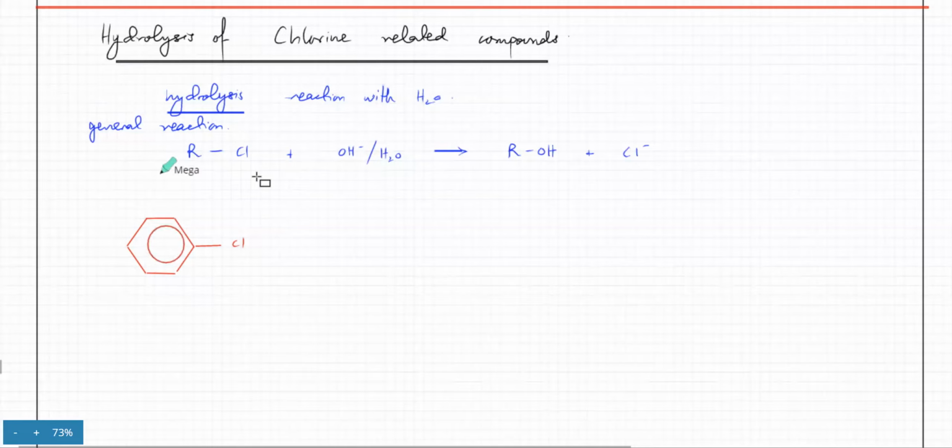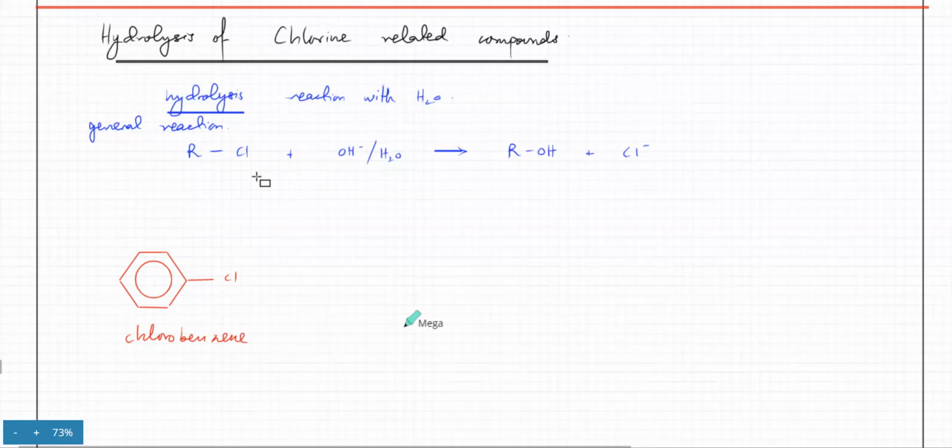This is chlorobenzene. This is the first chlorine-related compound that we will do when we are comparing it. So that's number one. Let me write the name. So benzene plus chlorine. We're going to study the hydrolysis of this compound.